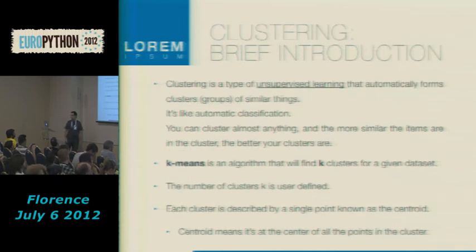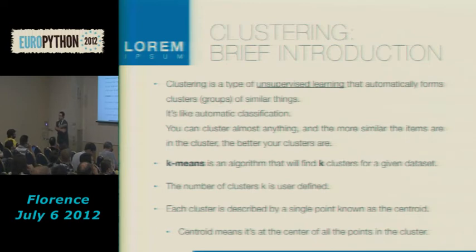Okay, a brief introduction to clustering, which is the second part of these case studies. Clustering in general is, as I anticipated, a type of unsupervised learning that automatically tries to create groups of objects according to their similarities. So it's a sort of automatic classification of objects, and clustering may be applied to almost anything and almost every object that you can compare. One of the most used clustering algorithms is k-means.